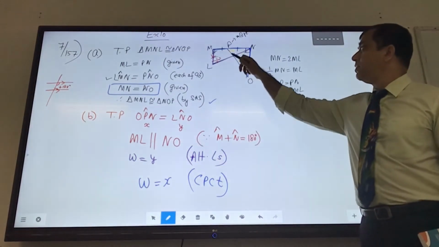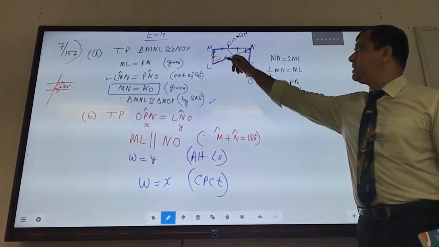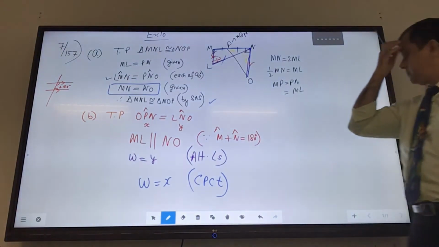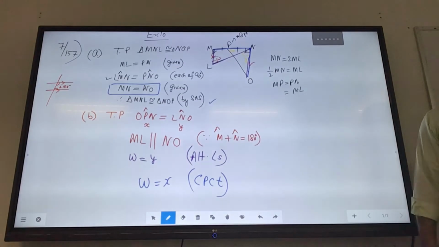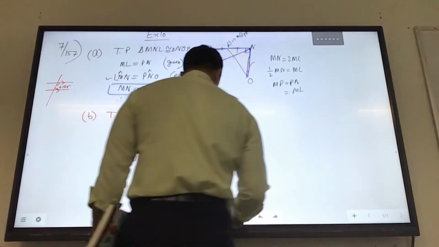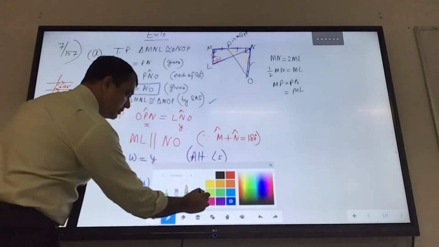Angles opposite to equal sides are equal. Clear? So now, doing this, students, we are done now. Let's change color.